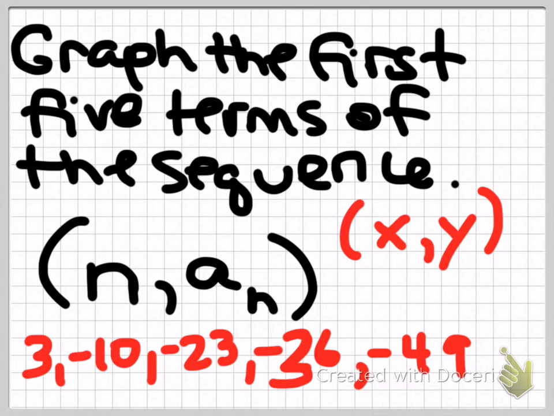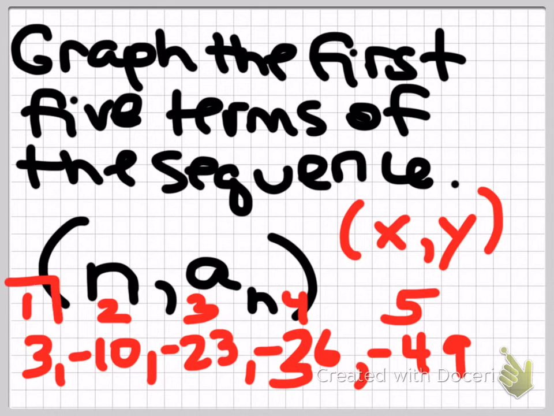And we need to graph those. So our first term is considered 1, the first one. Then we have 2, 3, 4, 5. So that's the number of each term, and that's going to make up our ordered pairs. So we have 1, comma, 3.